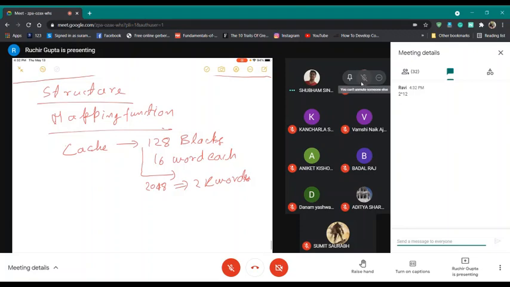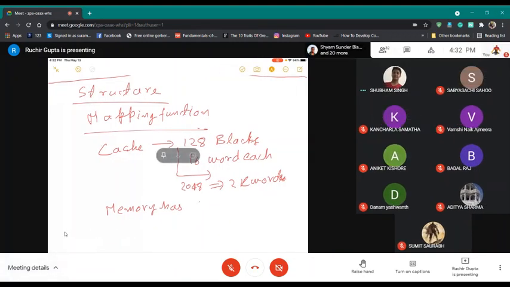And assume that main memory has 16 address lines, or 16 bits of address. So how many words will be there? 8K? 8K?